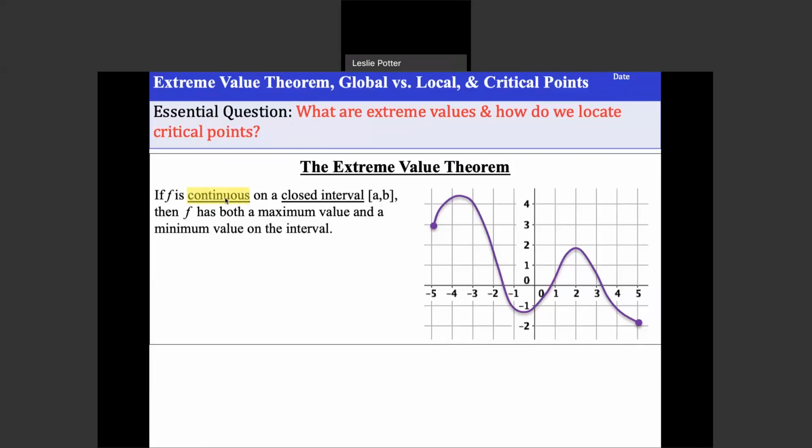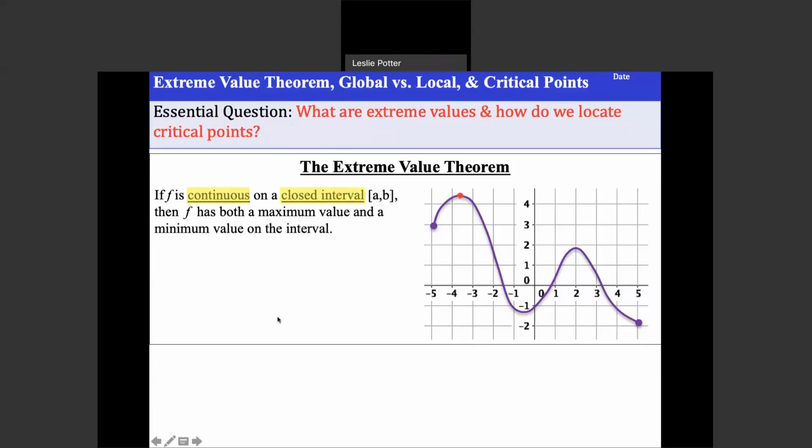This is another one of those situations where the hypothesis of the extreme value theorem is that we have a function f that is continuous on the closed interval. In other words, you can't have any holes, jumps, or asymptotes. It's got to be continuous. You've got to be able to draw it from a to b without lifting your pencil.